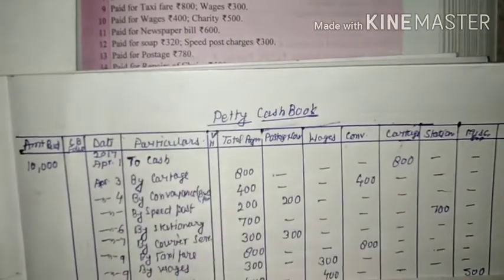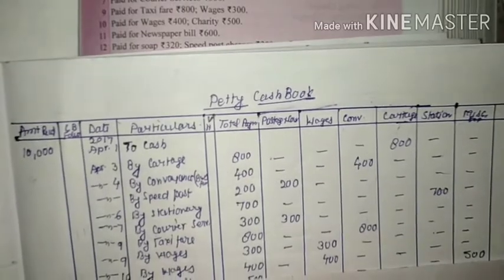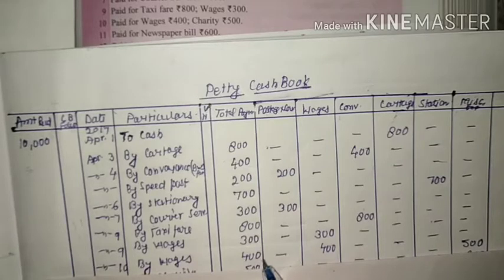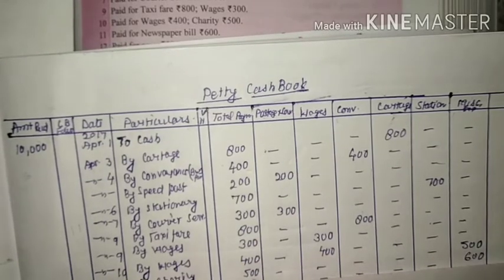So on 10th we have shown it here, you can see, 10th, wages 400 and By Charity 500.